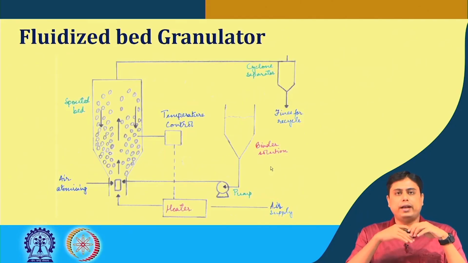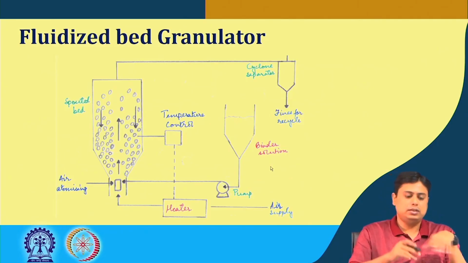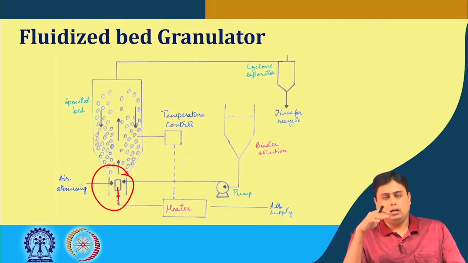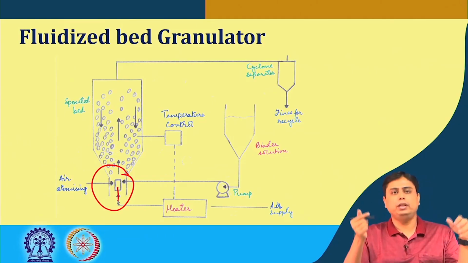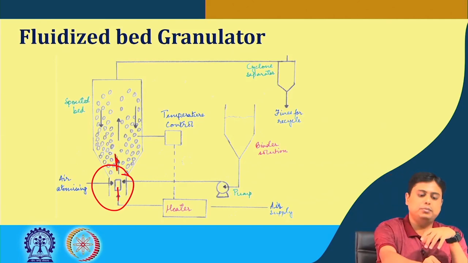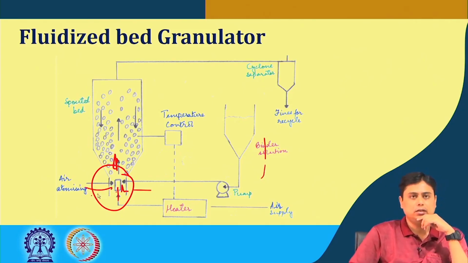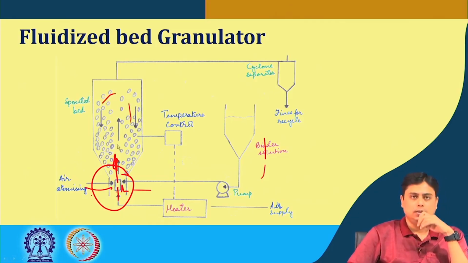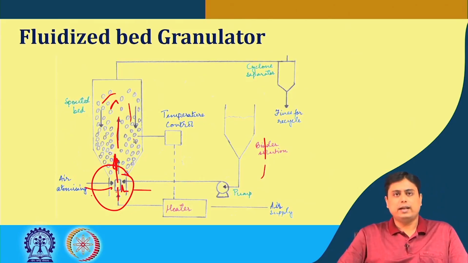In the case of the fluidized bed granulator, this is the classical fluidized bed that we have seen. This is the spouted bed, where the binders can be fed from the top or within this fluidized bed. Here the binder solution comes from here, it is pumped. There is also an atomizer which sprays the binder solutions onto the fine particles, and then there will be granulation inside the bed.